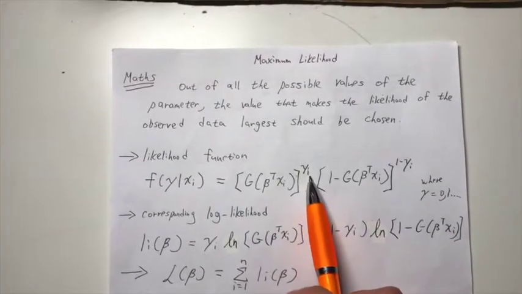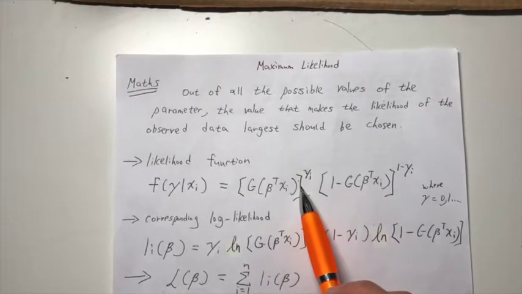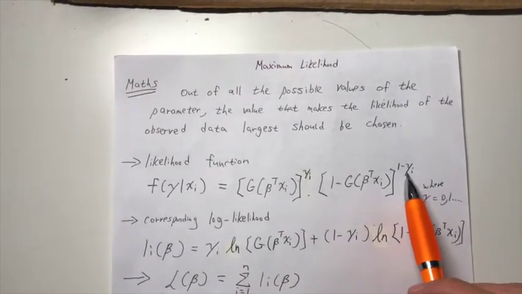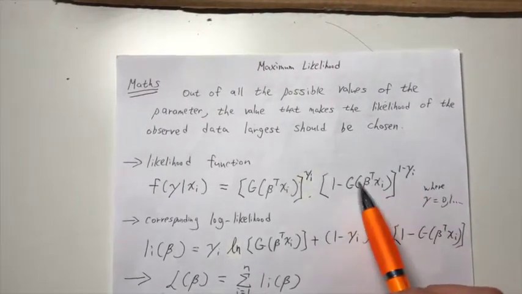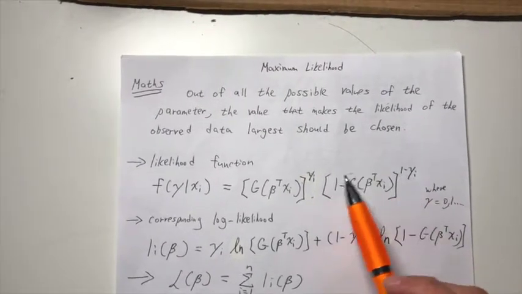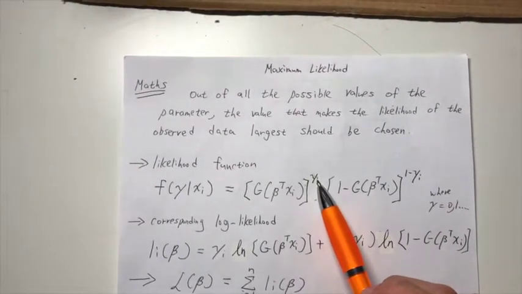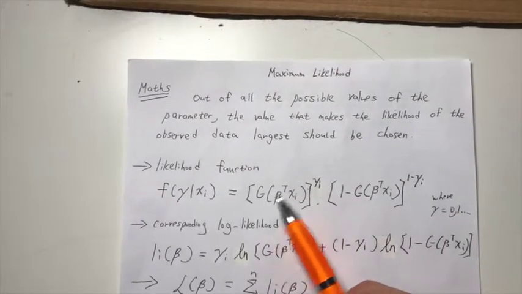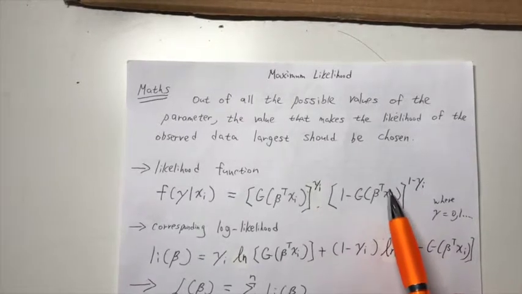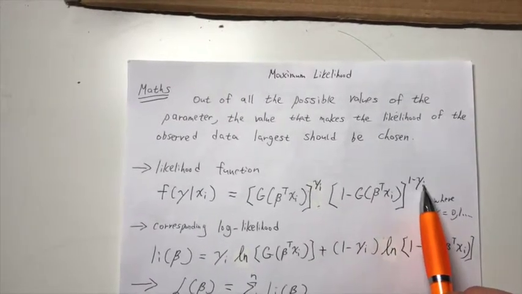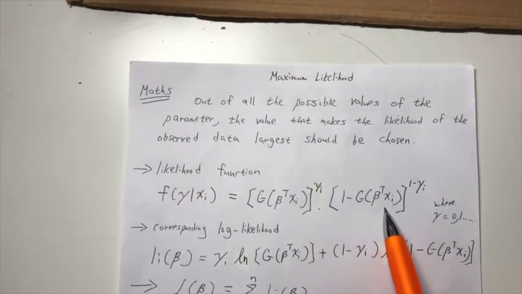If yi equals 1, so the person chooses to work, then only this term stays behind, because look at this: 1 minus 1 equals 0, and a value to the exponent 0 equals 1. So this cancels off. If a person chooses not to work, so we plug in the value of 0 for yi, then this term equals 1, so it doesn't matter. All that matters is this thing here. 1 minus 0 is 1, so this is the probability of a person not working.